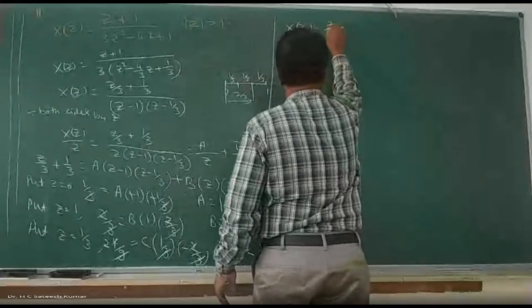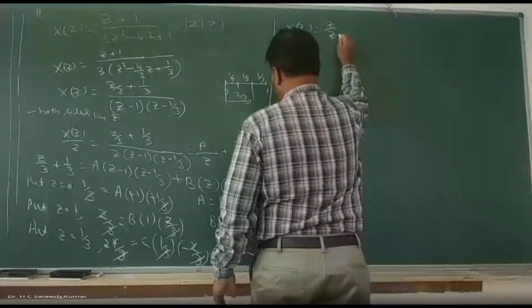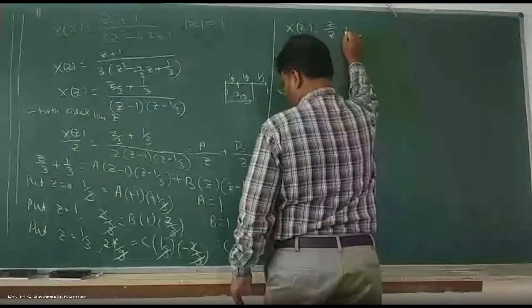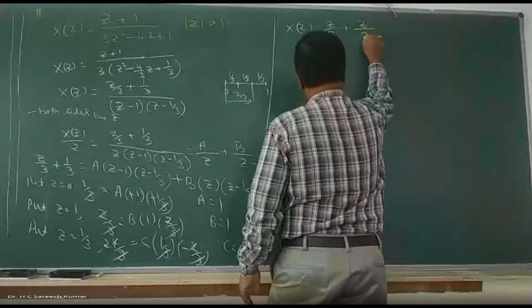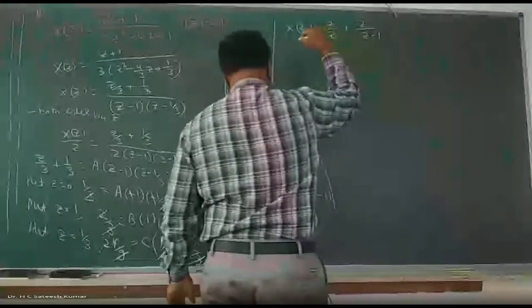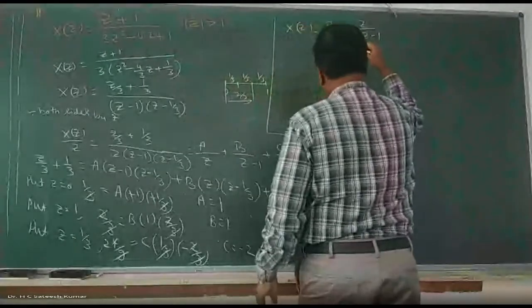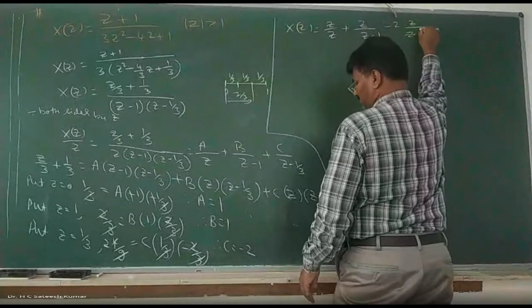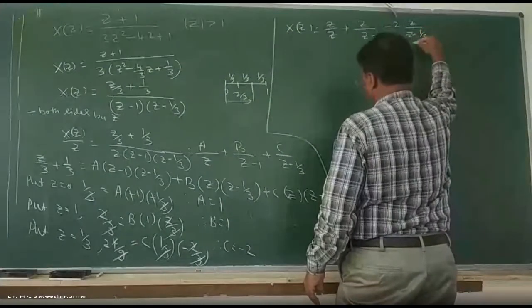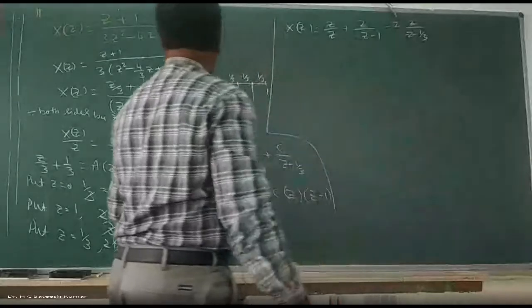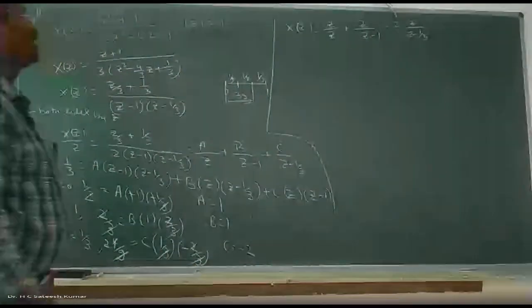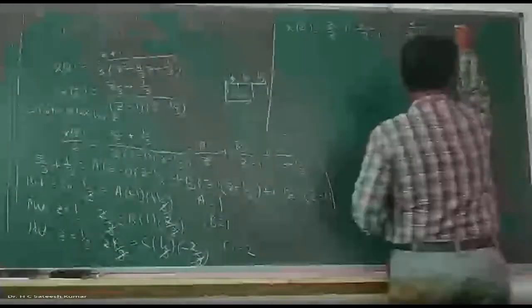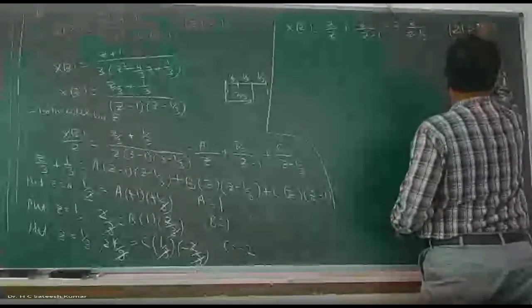So therefore 1 into z by z, plus B is also 1, which is nothing but z divided by z minus 1, and C is what? Minus 2. Minus 2 into z divided by z minus 1 by 3. ROC, what is that he said? Mod z greater than 1 by 3.